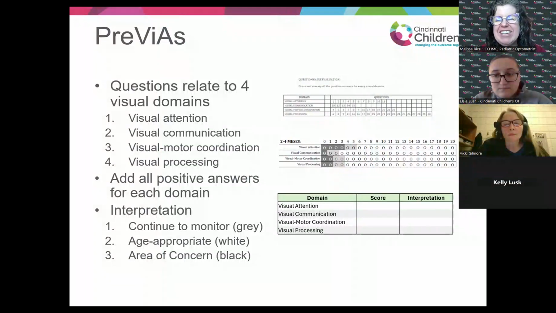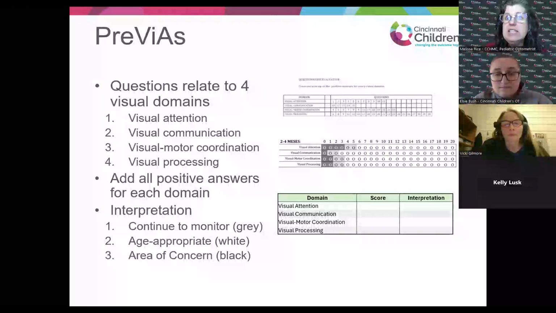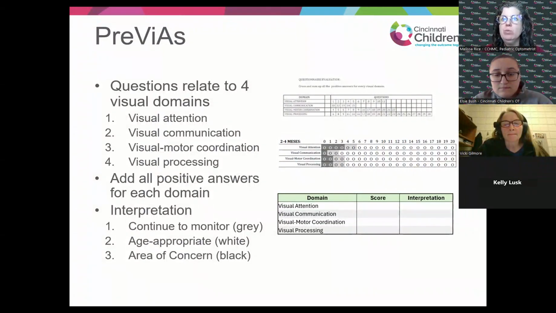The lighter gray is continue to monitor, so watch and wait, let's see if they continue to improve. But black is considered, they did not pass that at all. And if they get 6 of the questions right at that age, they are considered age appropriate.